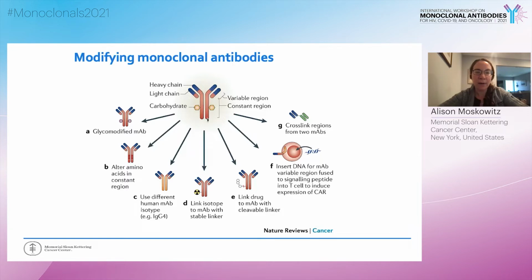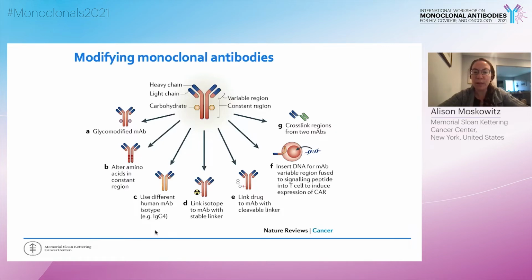Through modifying parts of the constant region of the antibody, either the carbohydrate or the constant region sequencing, we can enhance antibody-dependent cytotoxicity. That's done through glycan modification of the carbohydrate moiety or through altering the amino acid sequencing of the constant region. There are various monoclonal antibodies that take advantage of this mechanism.